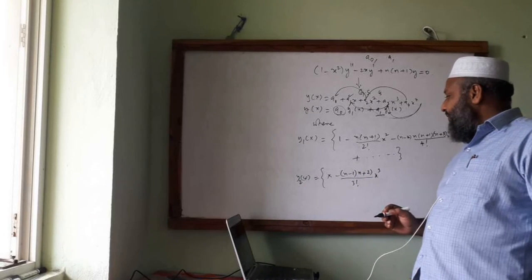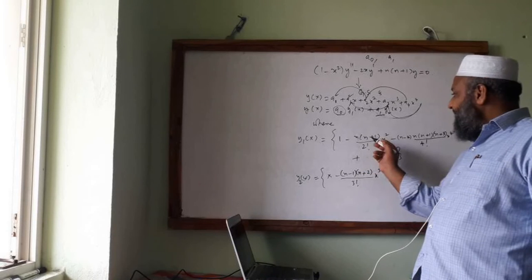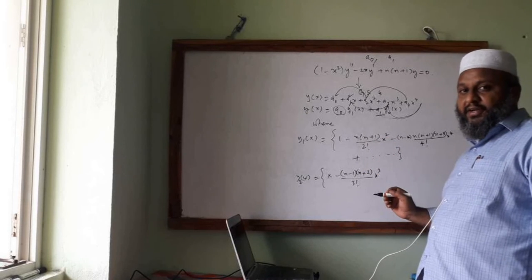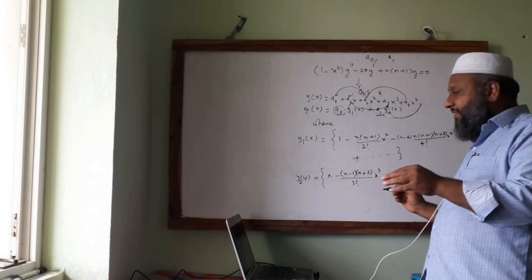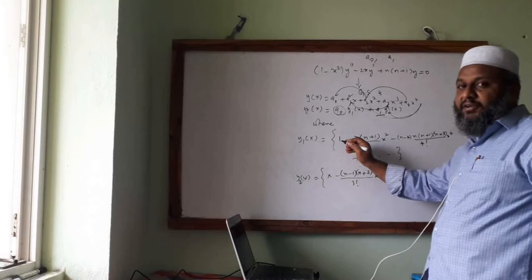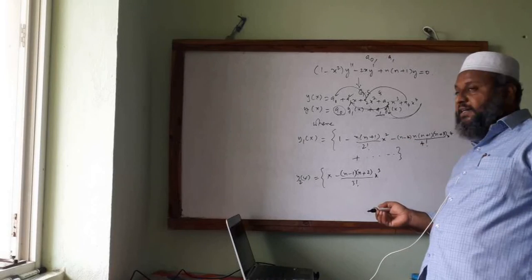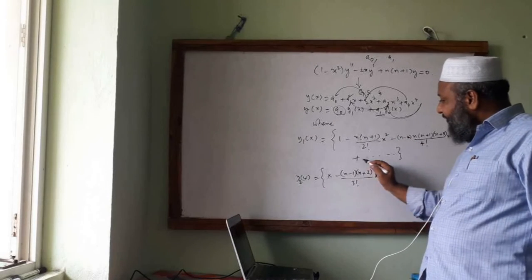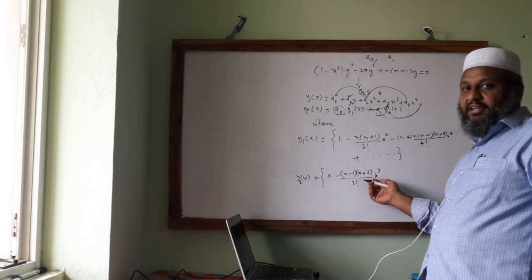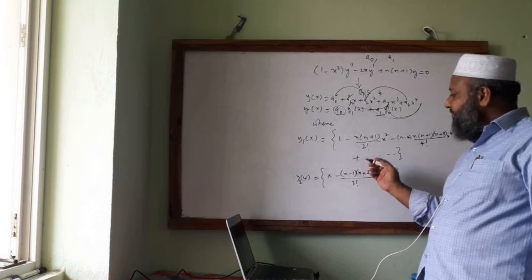You just need to remember only this part, n into n plus 1 by 2 factorial. So the way to remember is just take 1 unit less on this side, 1 unit more on that side. So this is the way how to remember the a3 value in terms of a1.